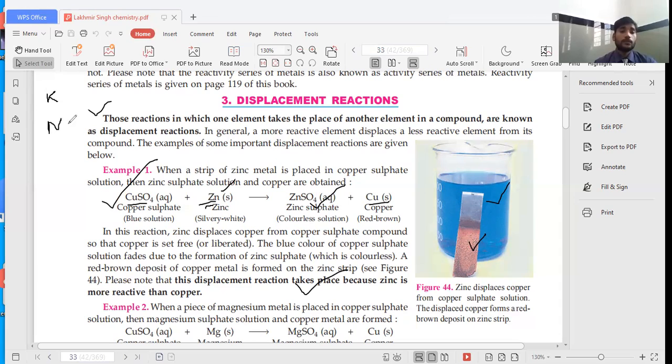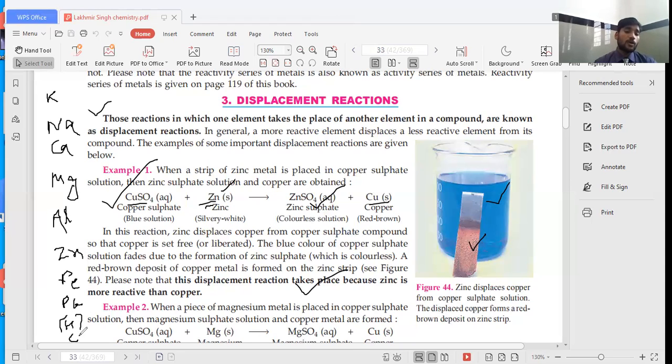Potassium, sodium, calcium, magnesium, aluminium, zinc, iron, lead, hydrogen.